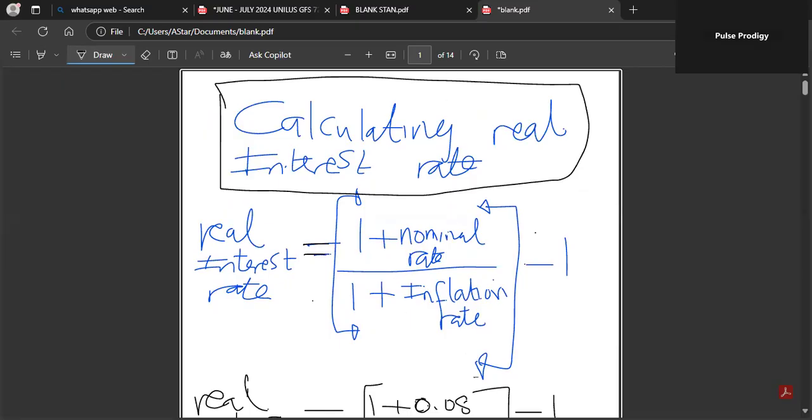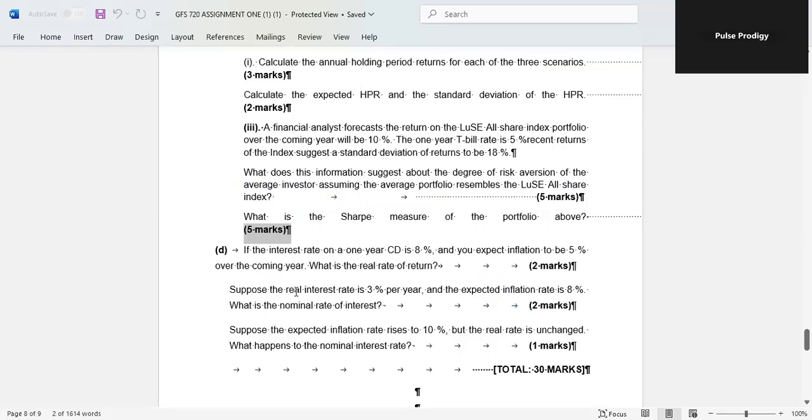The other part of the question says, suppose the real interest rate is 3%. What have they given us? Real interest rate is 3%. Then what is inflation rate? 8%. So what is the nominal rate of interest? They want us to find the nominal rate of interest.